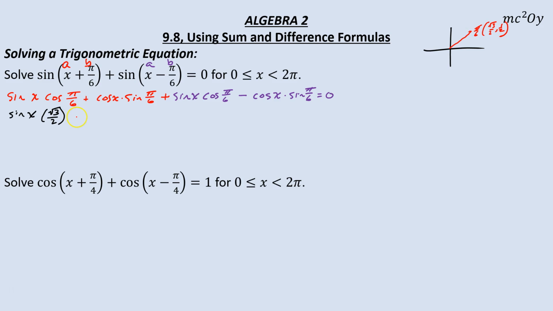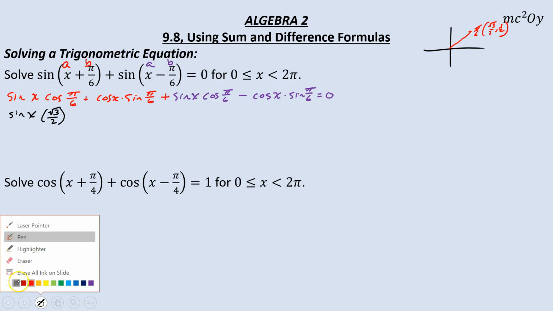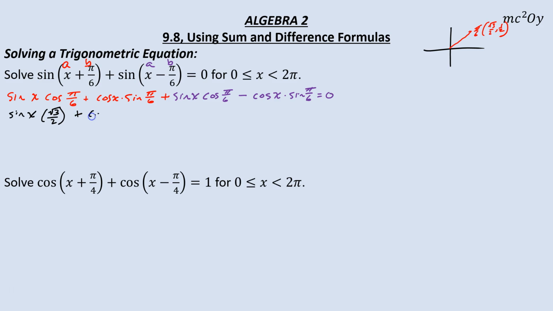Okay, and I'm going to add to it cos x sine pi over 6, so sine is 1/2 there, plus sine x cos of pi over 6.